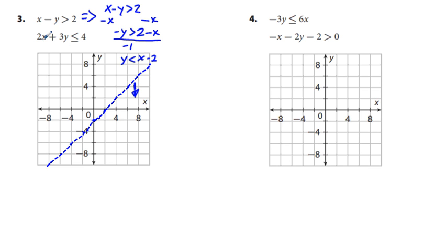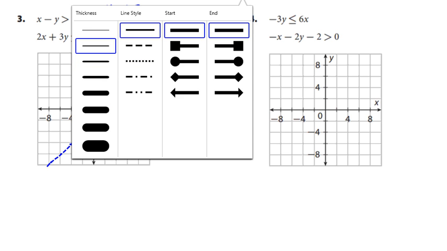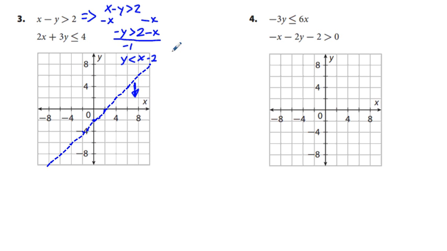And now we're going to take this 2x plus 3y is equal to or less than 4. So I'm going to get a red pen here, and write, just working to the right here, 2x plus 3y is less than or equal to 4.